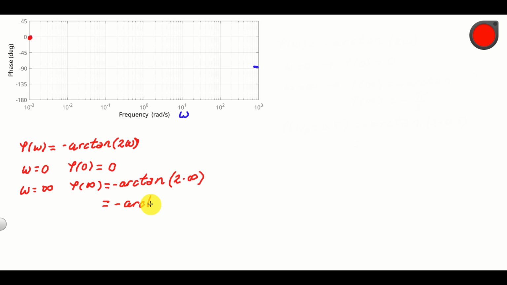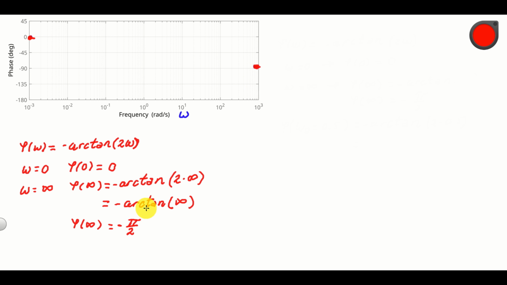So we'll have arctan of infinity, and arctan of infinity is obviously pi over 2, and with this minus sign, we get that phase at infinity is minus pi over 2. In degrees, minus pi over 2 is minus 90 degrees. And here it is. That is, we'll start here and we end here.